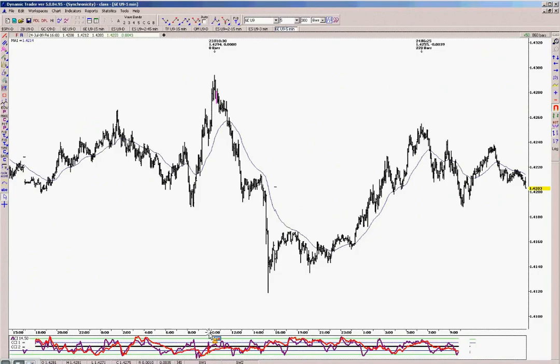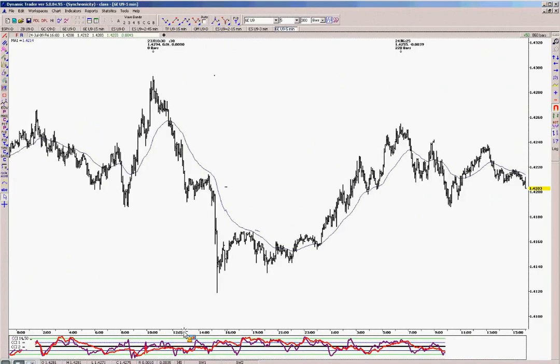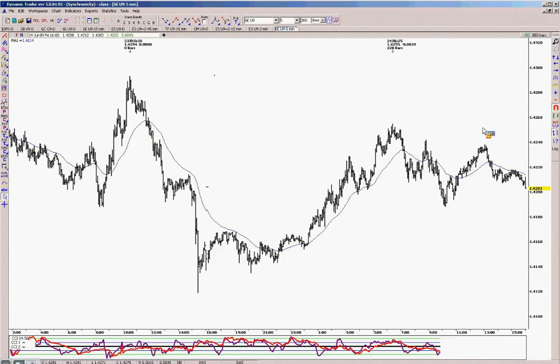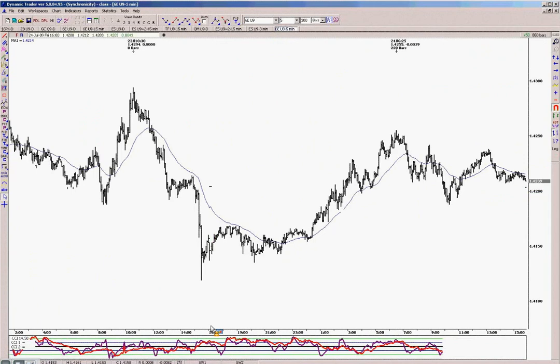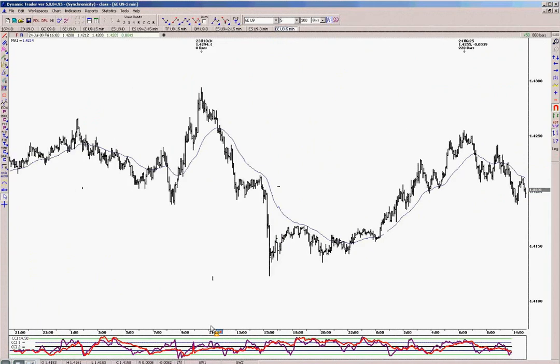What would be the trigger? Well, if you use a 5-minute chart, you might not get the trigger for a while. If you use a tick chart, you're probably going to get it sooner. So I'm going to show you both ways. In this case, let's get rid of some of this data over here.